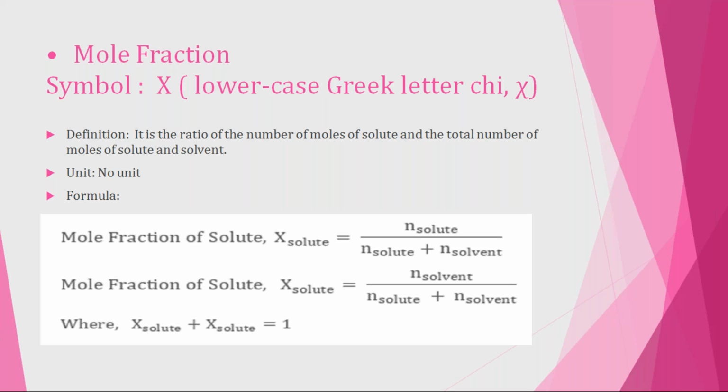Number of particles present in 1 gram of the sample. Mole means nothing but molecular weight. So for whichever compound you are taking, you have to check its molecular weight. That is 1 mole. So the number of moles of solute you are taking, divided by the total number of moles of solute plus solvent, is the mole fraction.